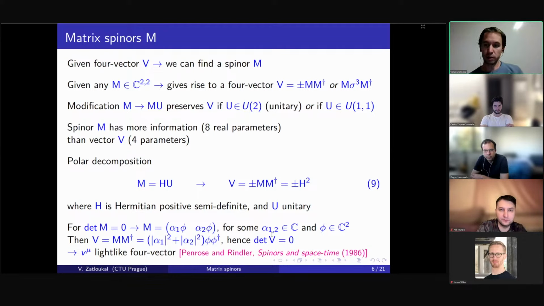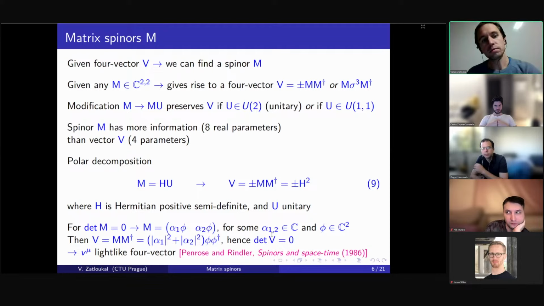We can either take plus or minus M M dagger, or make a space-like 4-vector out of it, M sigma 3 M dagger. But this spinor is not unique. For a certain 4-vector, there are many spinors that give rise to the same one.